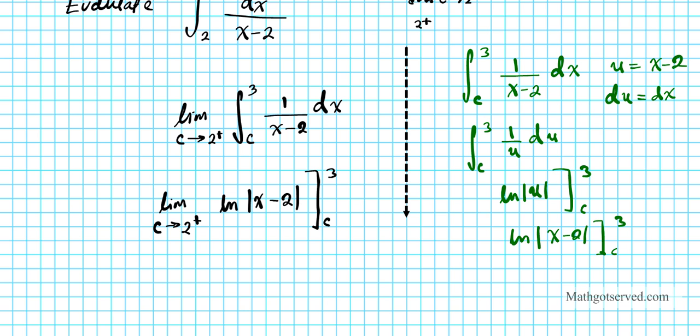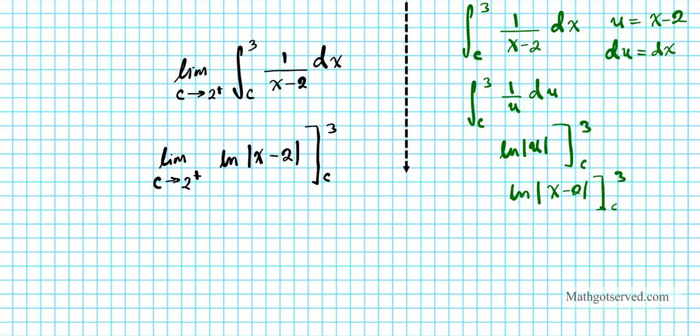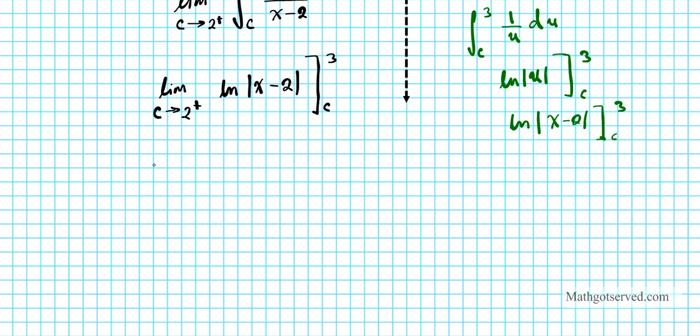So applying FTC2, we're going to plug in the limits of integration and find the difference. So we have the limit as c approaches 2 from the right of the natural logarithm of plugging in the upper limit of integration, which is 3 minus 2, minus the natural logarithm of plugging in the lower limit of integration, c minus 2.